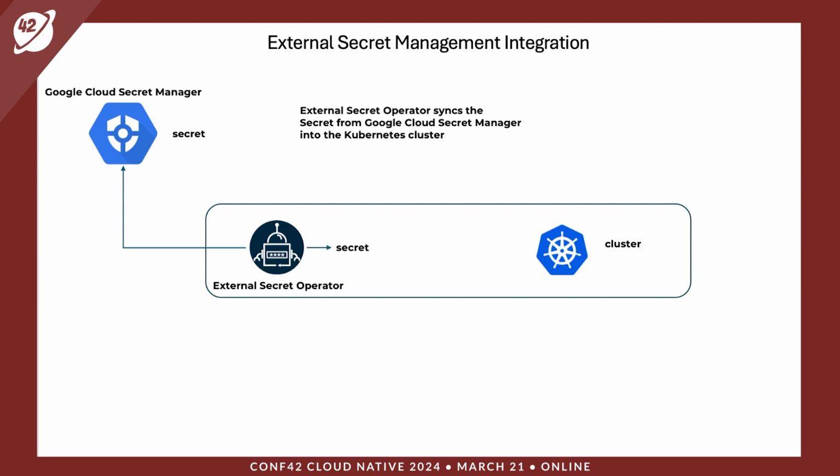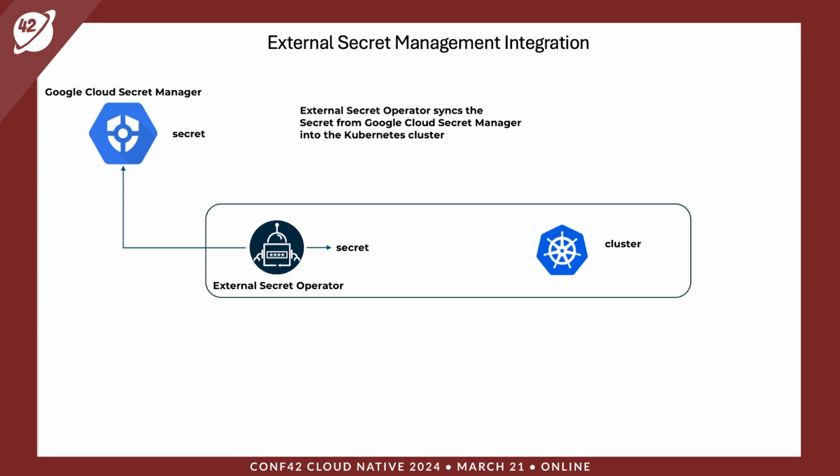And it does it by creating a Kubernetes secret in the Kubernetes cluster. Now, the content of this Kubernetes secret matches the content of the secret present in the Google Cloud Secret Manager. Which means any application running in the Kubernetes cluster can access this information.